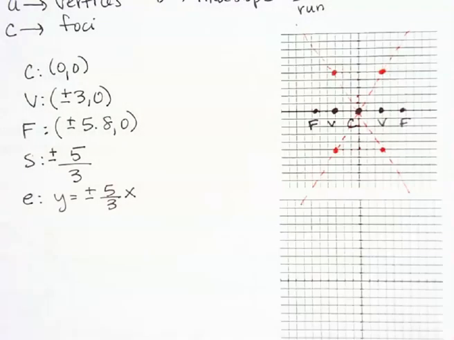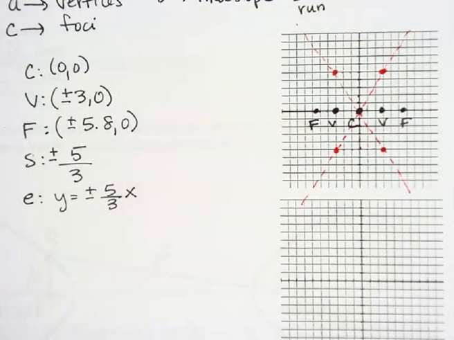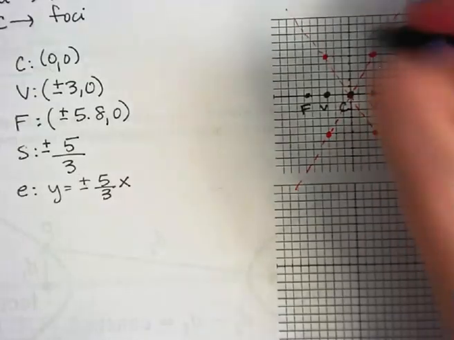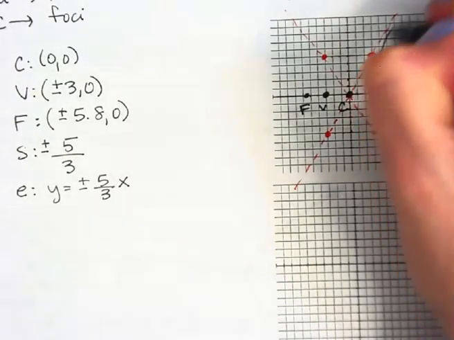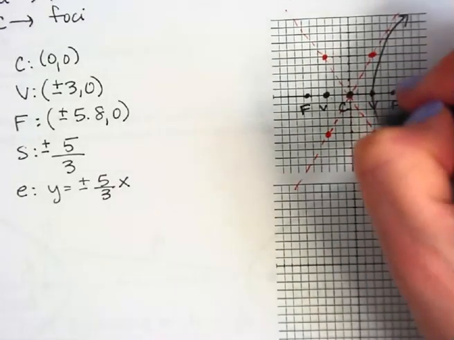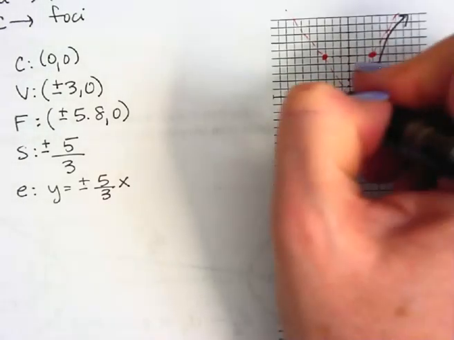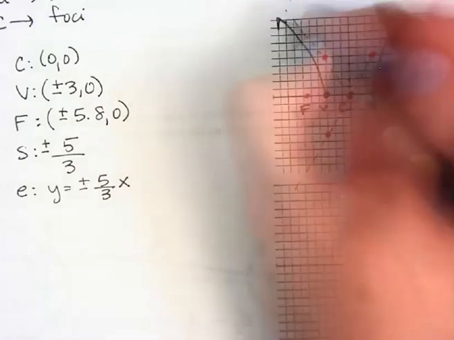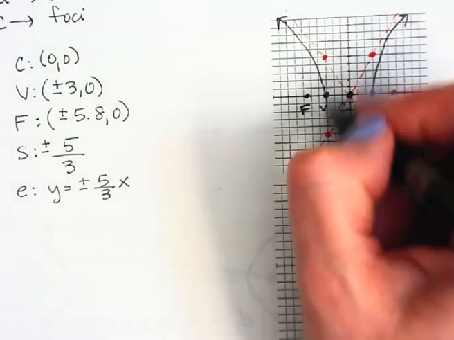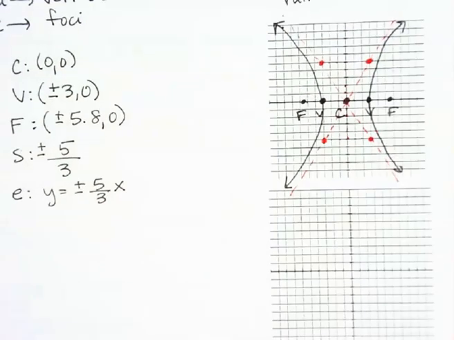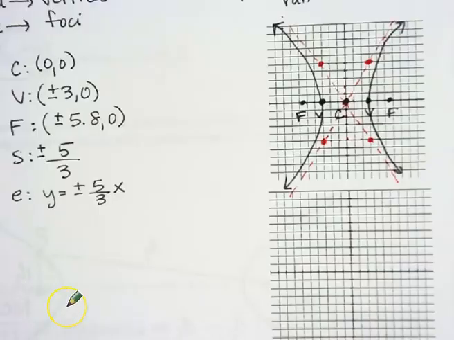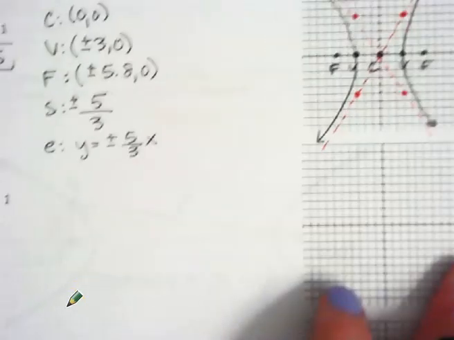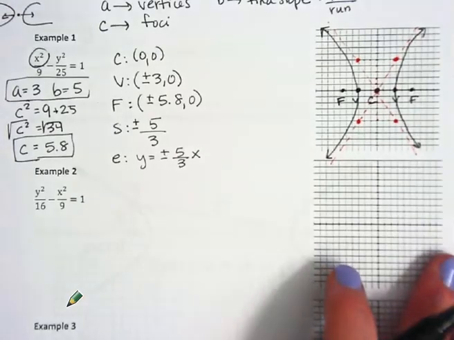And these determine the shape of my hyperbola pieces. Starting at the vertex, approach that asymptote, approach this one, approach that asymptote, and approach this one. I want you to pause your video and try this next problem.